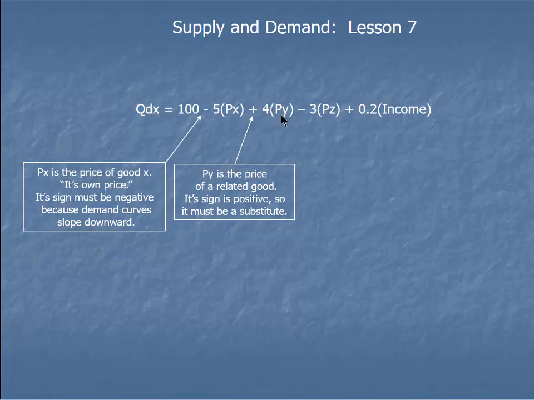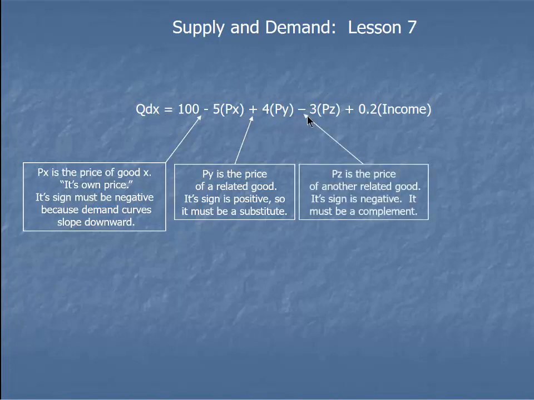Obviously, if this thing gets more expensive, people will stop buying good Y and instead buy good X, since it's a substitute. In this case, this negative sign means that good Z must be complementary to good X, because when the price of good Z goes up, sales of good X go down.